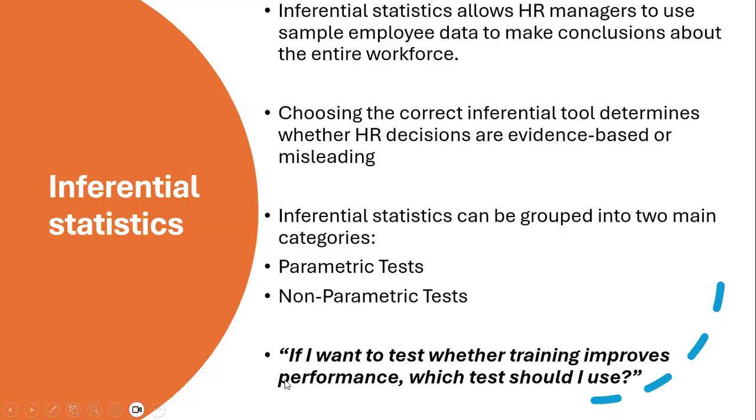Performance can also be measured using different kinds of scales. So the typology of the variable in terms of its scale of measurement will determine whether you are going to use a parametric analytical tool or a non-parametric analytical tool. And the hope is that by the end of this lecture, some of these confusions will be clarified to grant you the confidence to approach some of these questions and data sets.